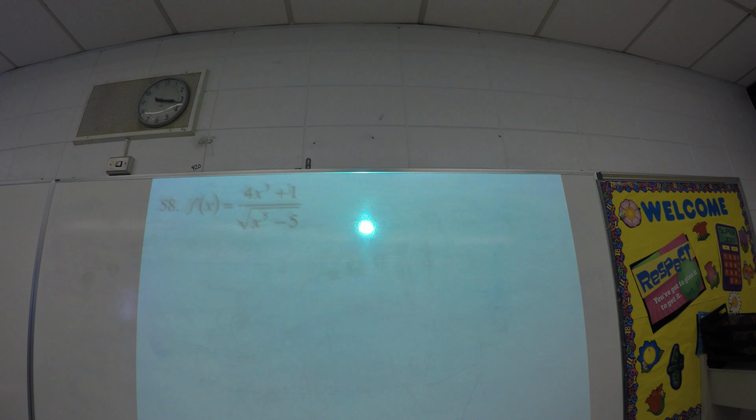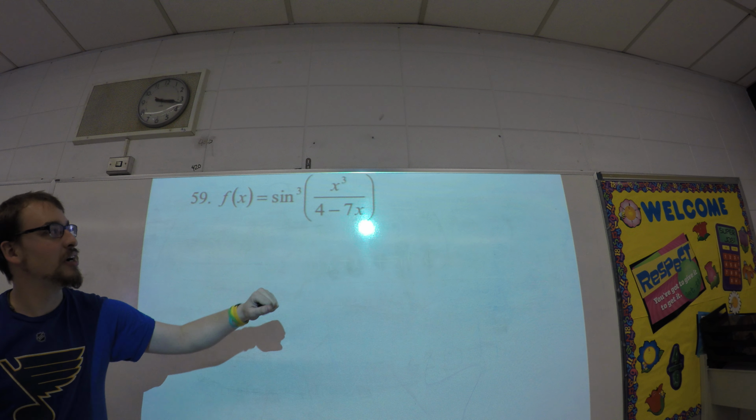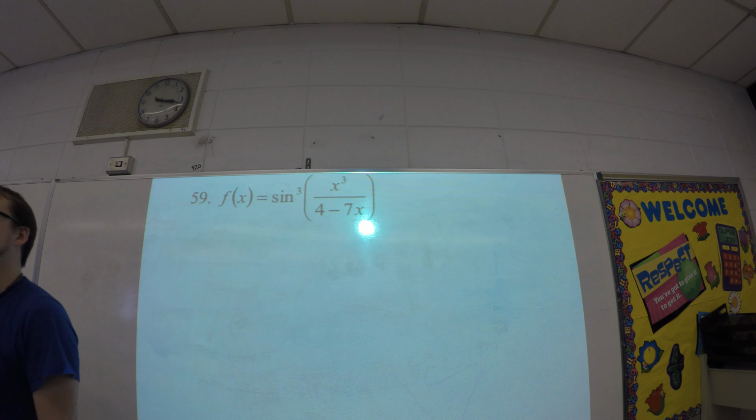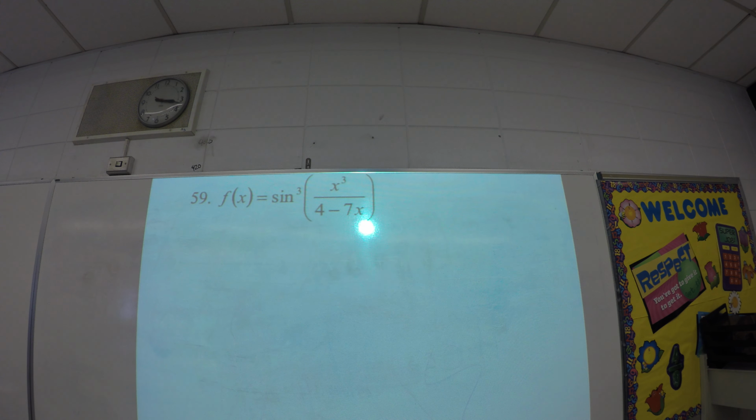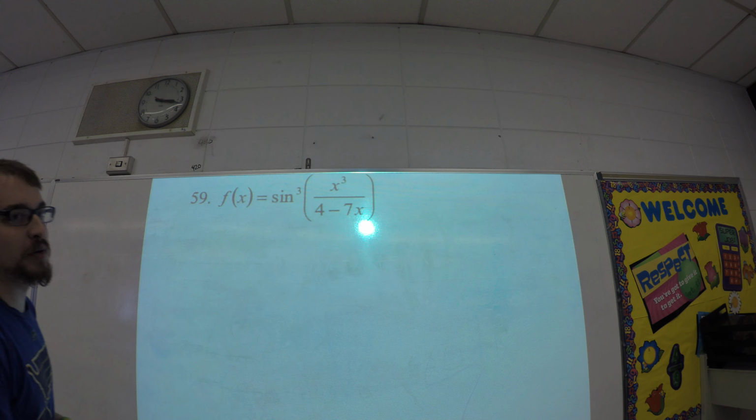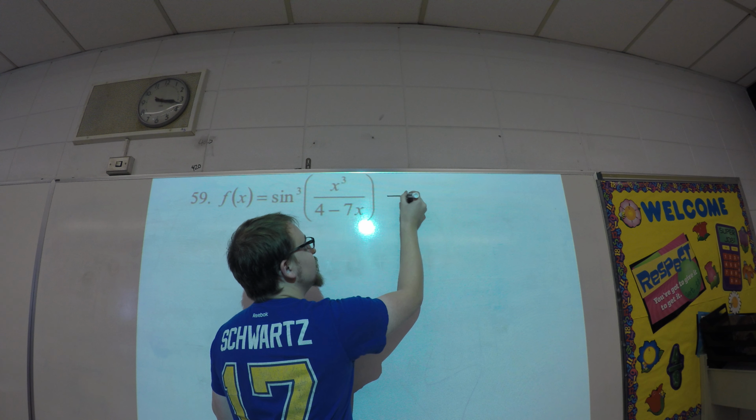What about 59? Yes, why not? Is this going to be a do every problem until someone says, "Ah, we don't need this one"? Yeah. Okay, we'll just keep going. All right, so sine cubed of x cubed over 4 minus 7x. That's cool, huh? So I'm going to rewrite this, and then all will be illuminated.